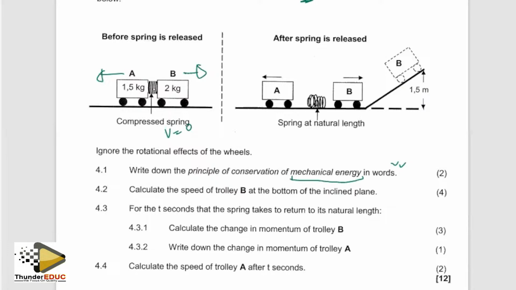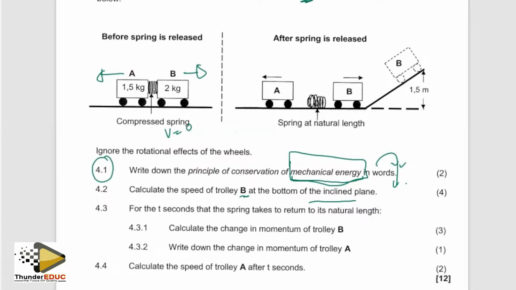Then 4.2, calculate the speed of trolley B at the bottom of the incline. Now, when the first question asks about conservation of mechanical energy, the question that follows should be more like the application of the mechanical energy.